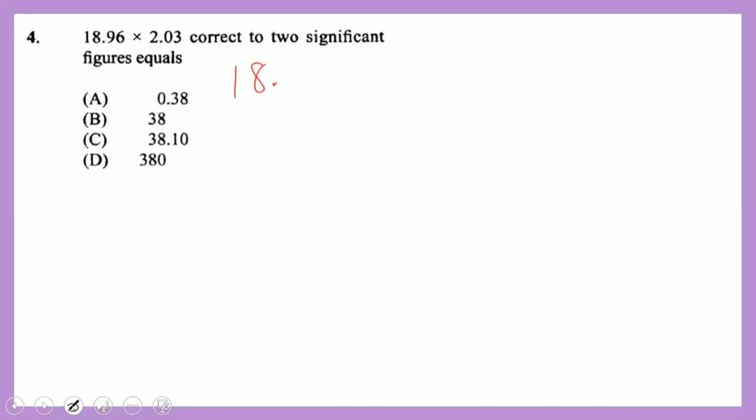Number 4, 18.96 times 2.03. And you'd recall that we said a pretty good strategy to multiplying decimals is to first ignore the decimals and go ahead and multiply the numbers normally.